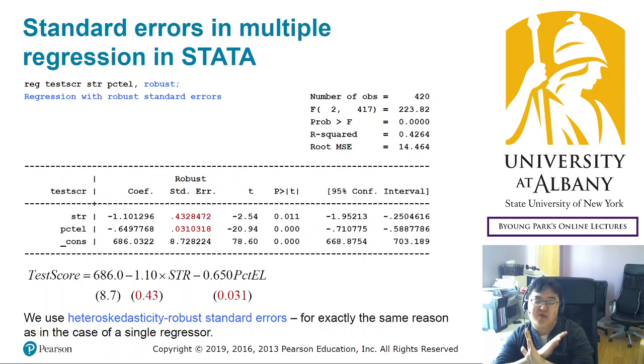So it is not 0 or positive. It also gives you the same idea: the effect of student to teacher ratio is statistically significantly different from 0, and especially it is negative. So that's how we conduct statistical inference on a single coefficient.